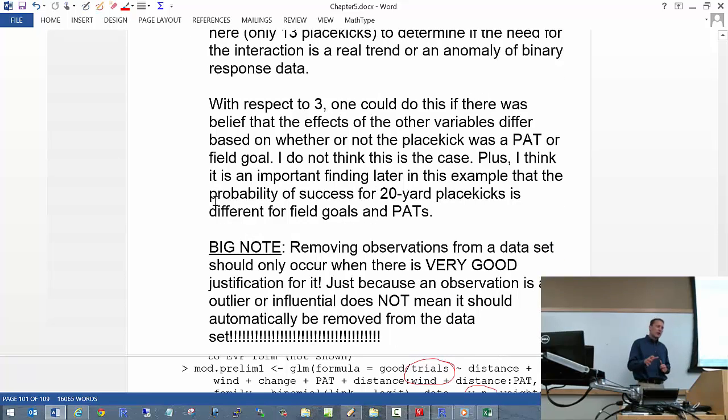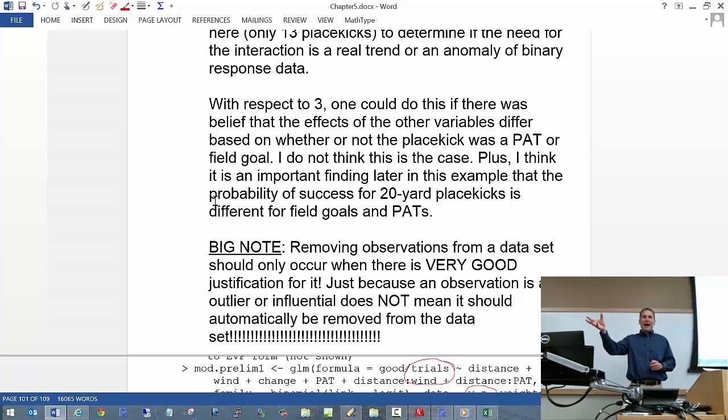Now, with respect to number 3, if you believe that indeed PATs were something substantially different than what was happening with field goals, then that would make sense. Let's put it in terms of our model. What's a good example? This isn't the best example, but I'm going to use it.